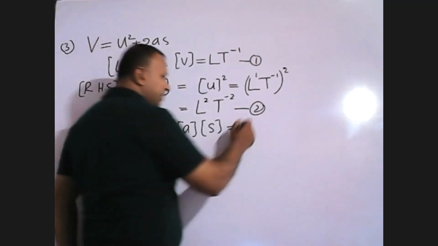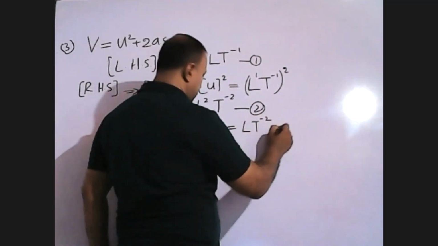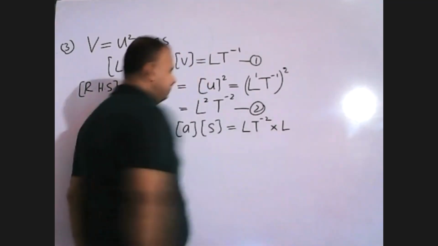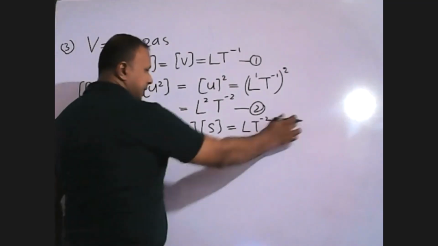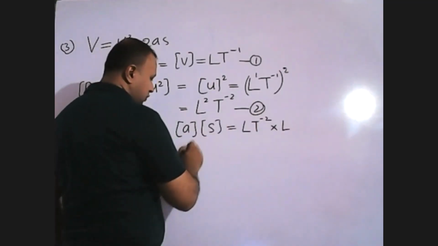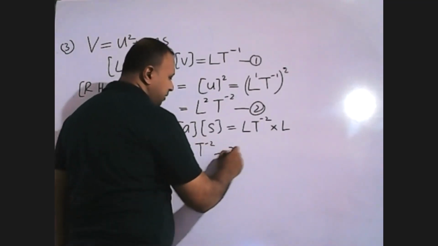The dimension of acceleration is LT to the power minus 2 and the dimension of S is L. So this becomes L squared T to the power minus 2.